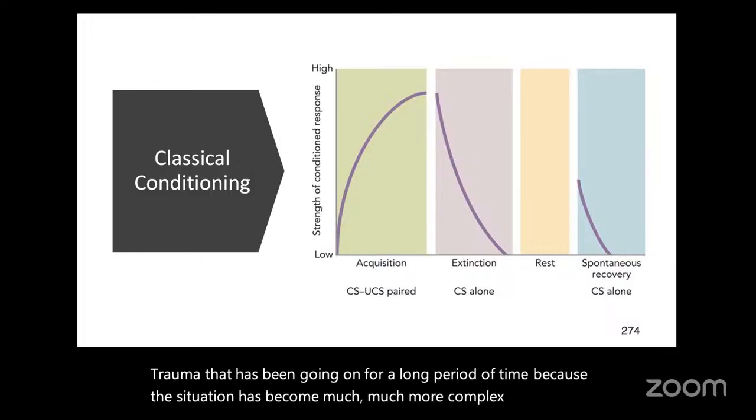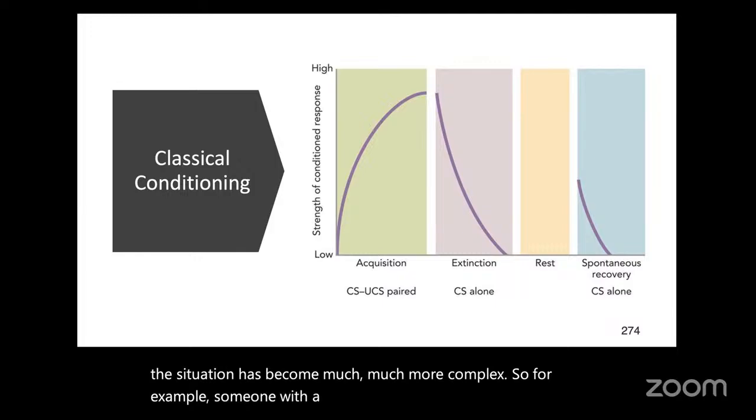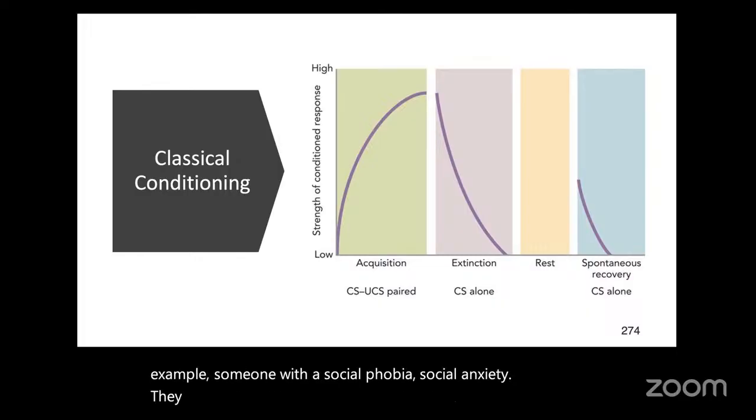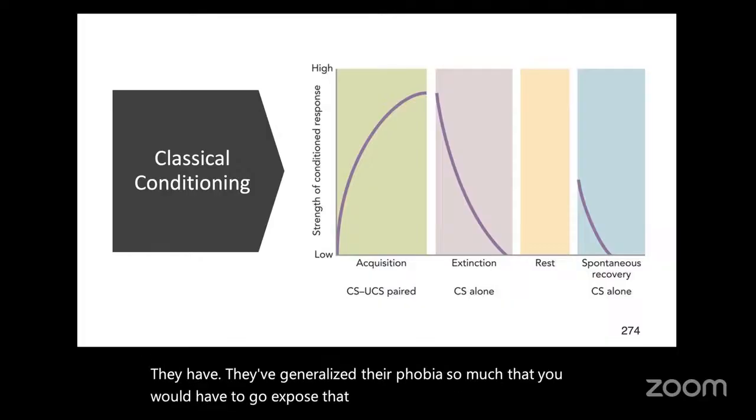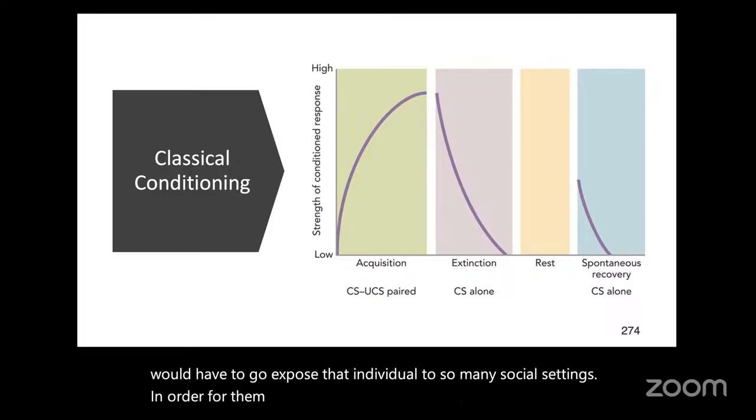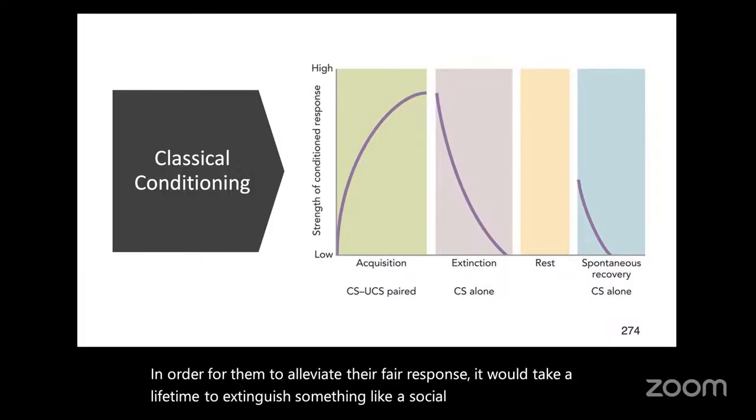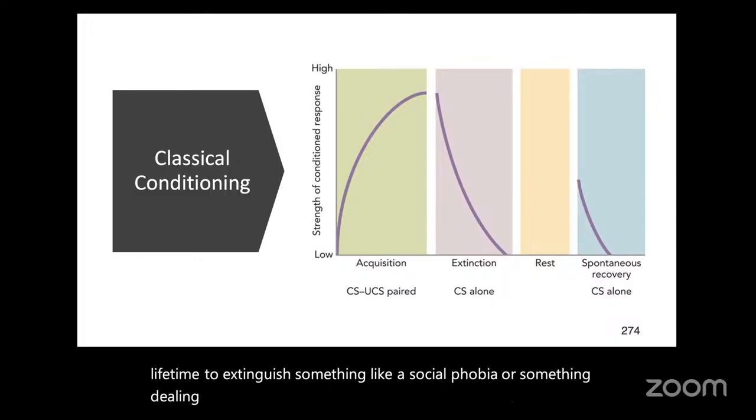So, for example, someone with a social phobia, social anxiety, they've generalized their phobia so much that you would have to expose that individual to so many social settings in order for them to alleviate their fear response. It would take a lifetime to extinguish something like a social phobia or something dealing with chronic trauma where that trauma is generalized to so many different settings.